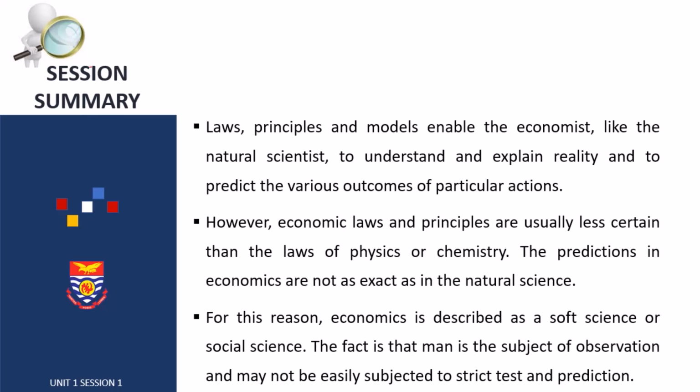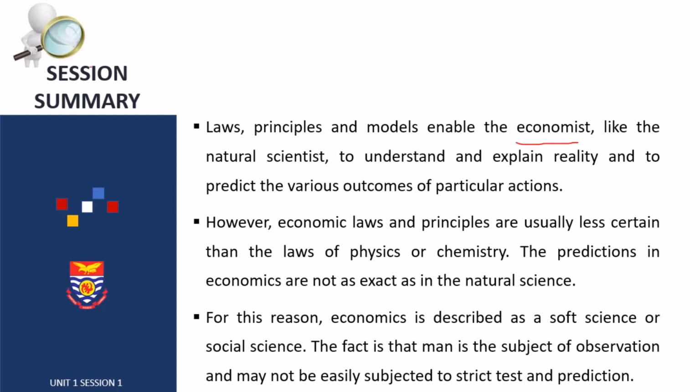Let's summarize what we went through in this session. Laws, principles, and models enable economists, like the natural scientists, to understand and explain reality and to predict the various outcomes of particular actions. However, economic laws and principles are usually less certain than the laws of physics or chemistry. The predictions in economics are not as exact as in the natural sciences.